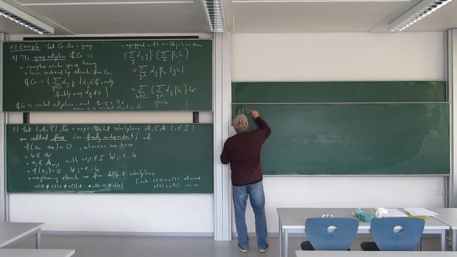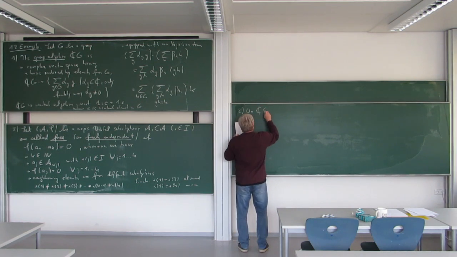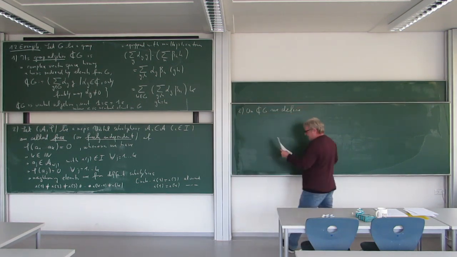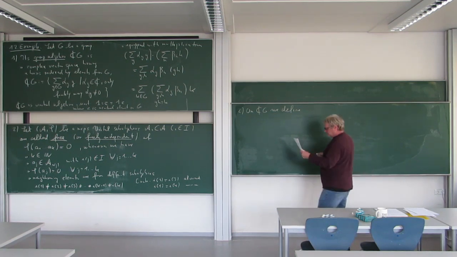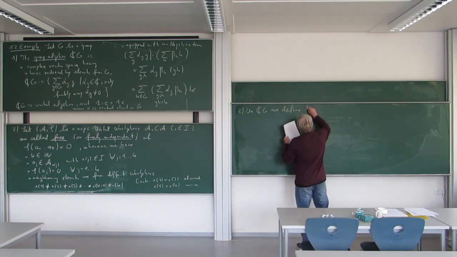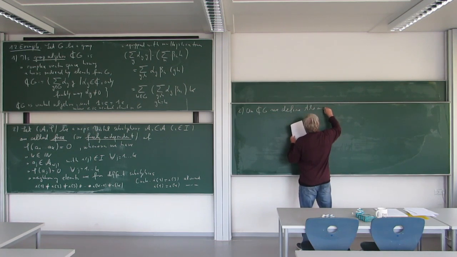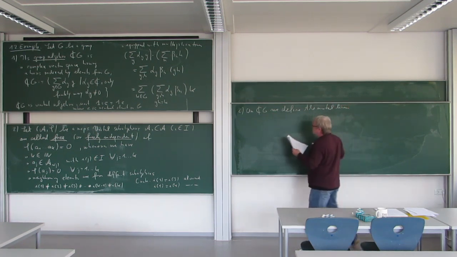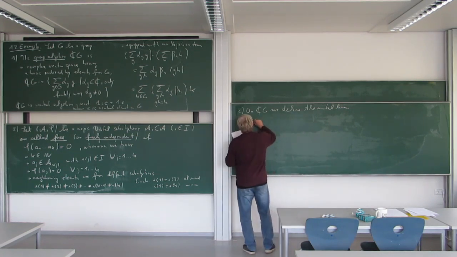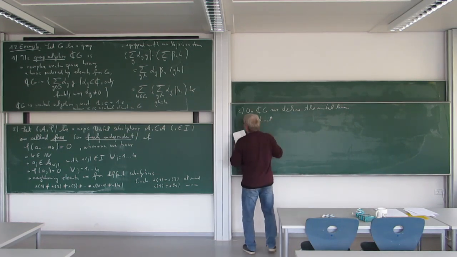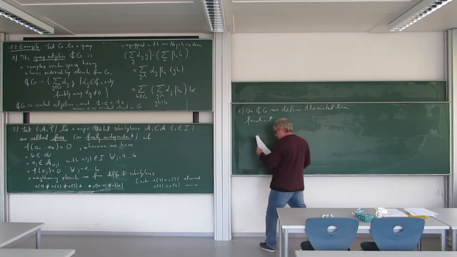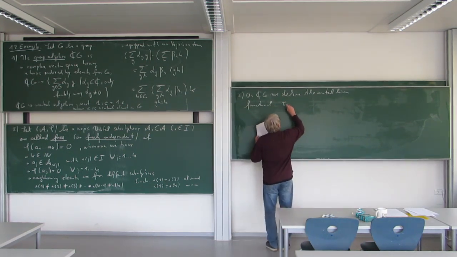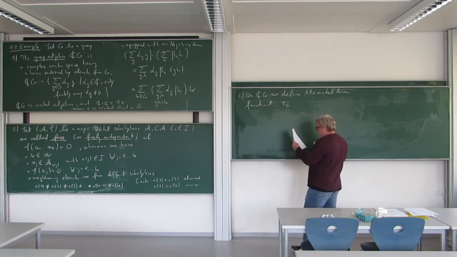So on my group algebra, we define a unital linear functional. This will be the phi, but now we call it tau with subscript g, so we indicate it's on the group algebra.